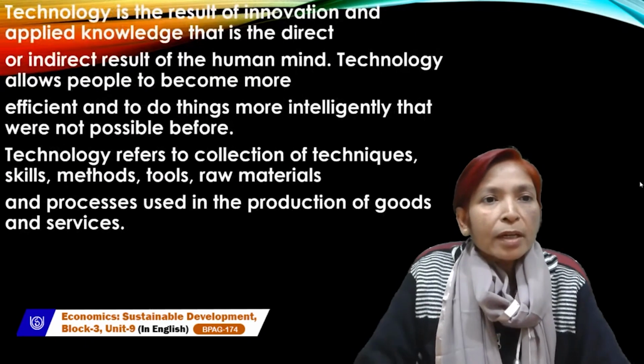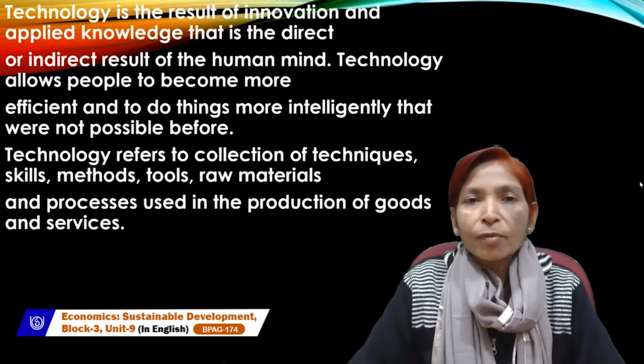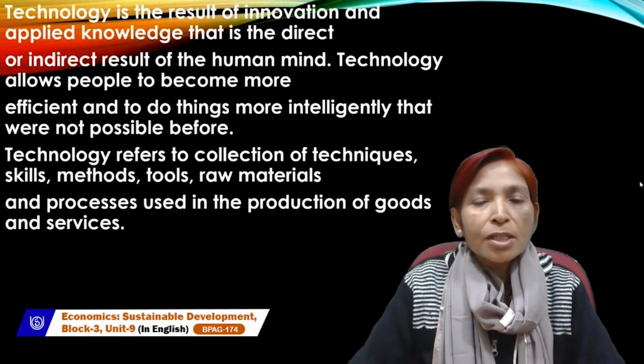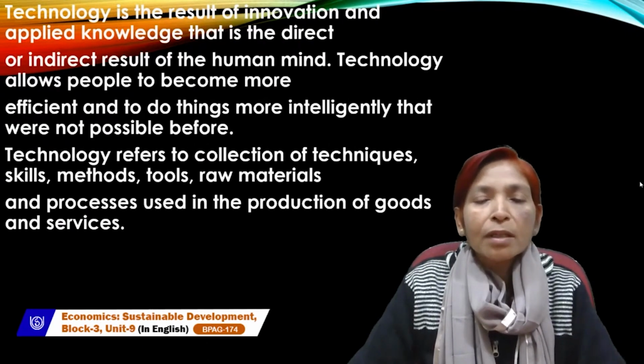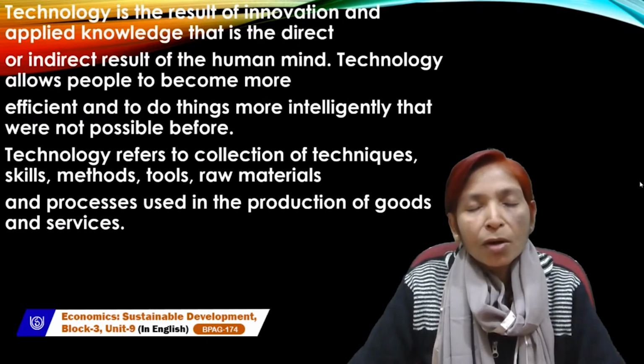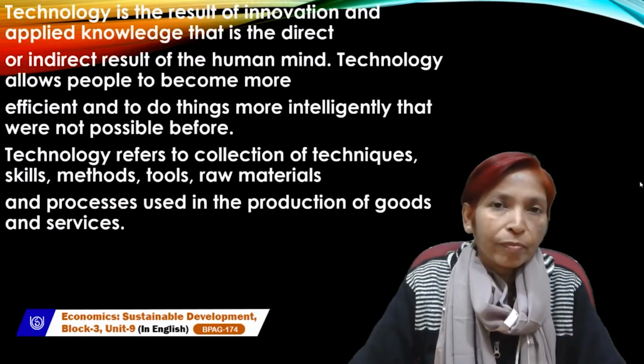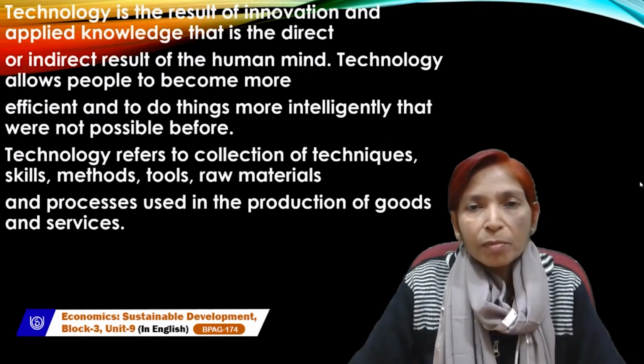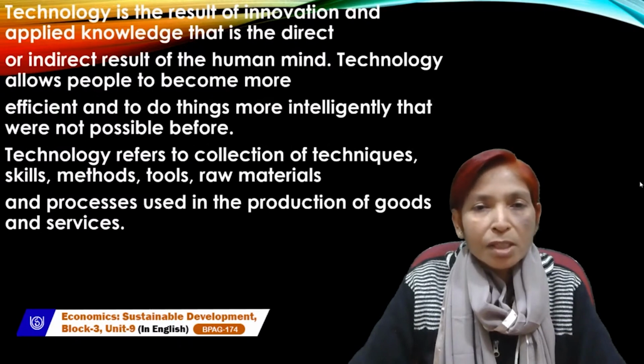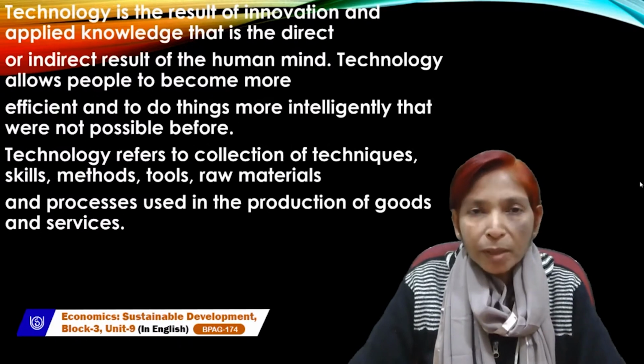Next, technology is the result of innovation and applied knowledge, that is, the direct or indirect result of the human mind or human activity. Technology can be innovated, researched, and developed by human beings.